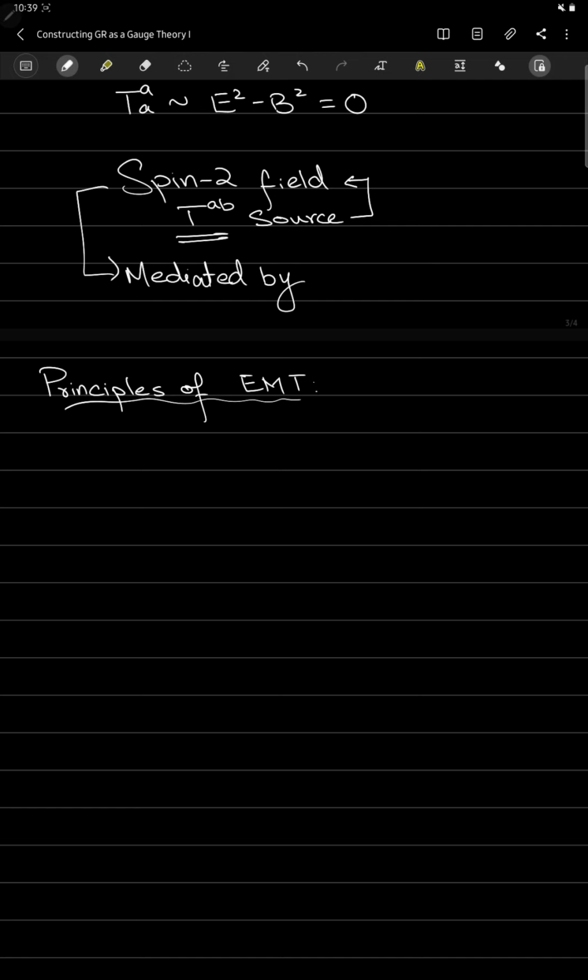Let's consider an example of a scalar field theory: a real massive scalar field with a Lagrangian density equal to 1/2 η^AB, where η is the Minkowski metric, times ∂_A φ ∂_B φ minus 1/2 m² φ².